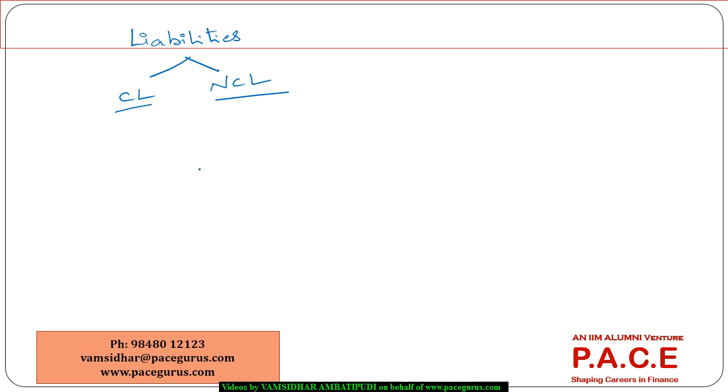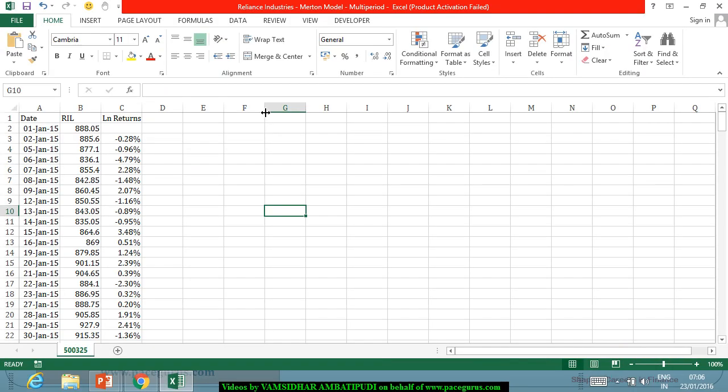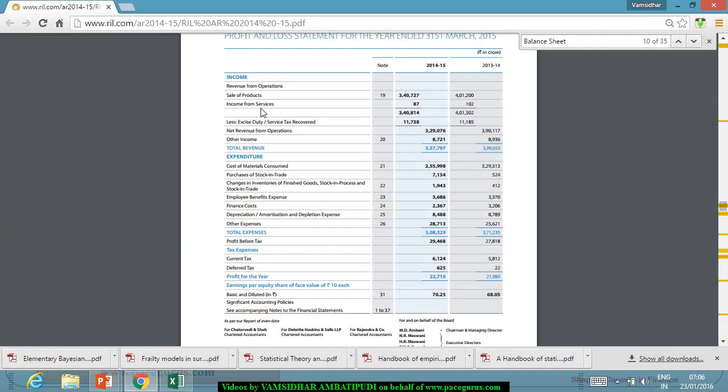So what I can simply do is assume the average life of current liabilities to be around 0.5 years, and I can even assume the non-current liabilities also to have some period. If I can get the data, fair enough. Let's see if we can get the data for Reliance regarding this.